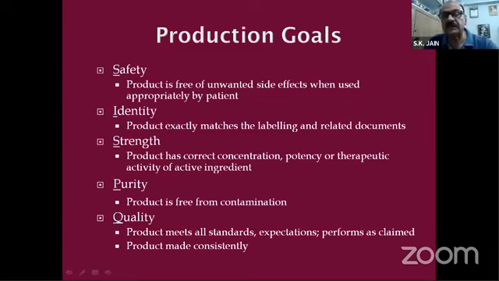Then identity: the product exactly matches the labeling and related documents. Strength: the product has strength. Strength is directly connected with the therapeutic entity present in the formulation or dosage form. The product has the correct concentration, potency, or therapeutic activity of the active ingredients. Only then will you get the intended response of that product.